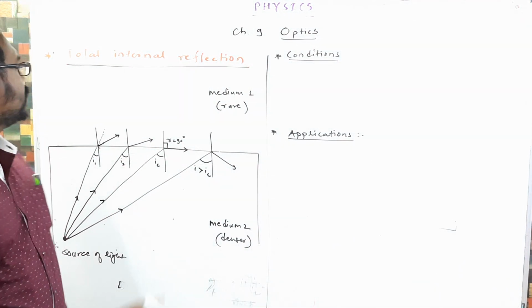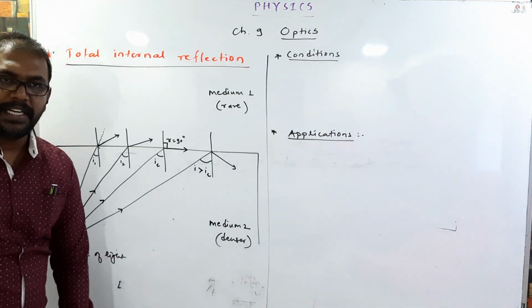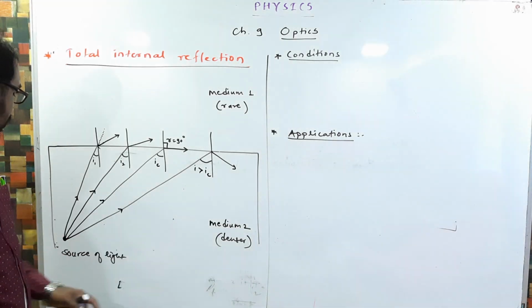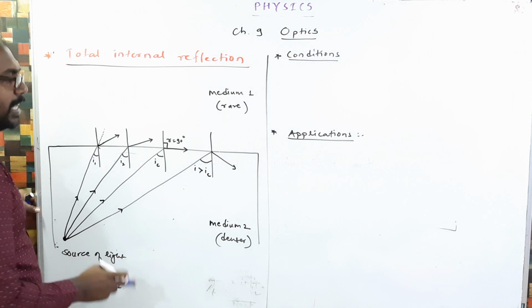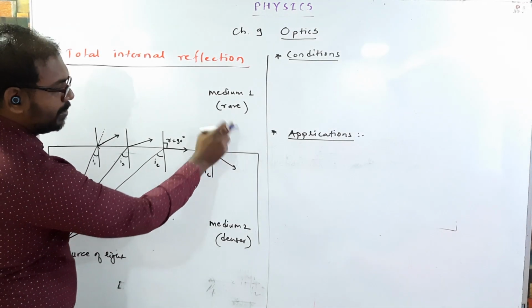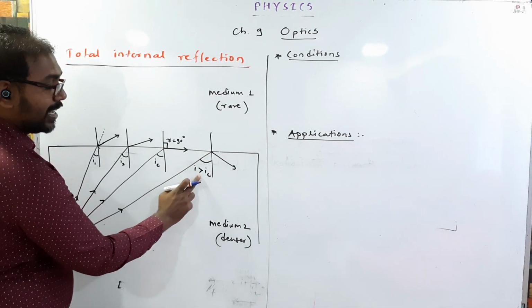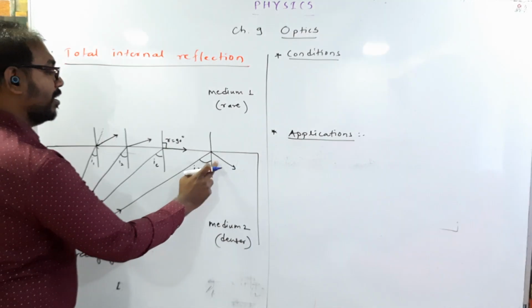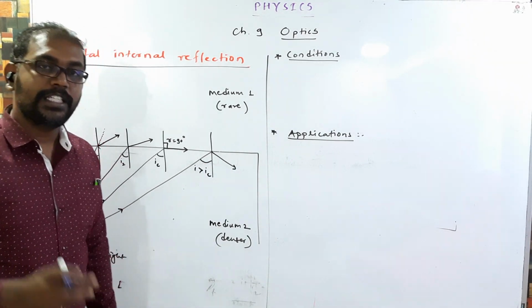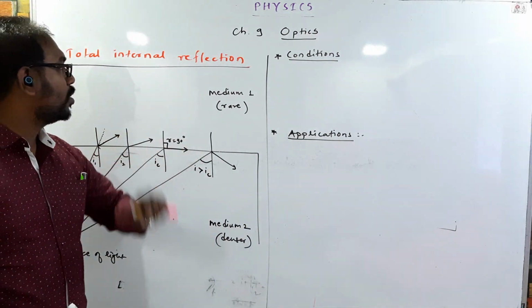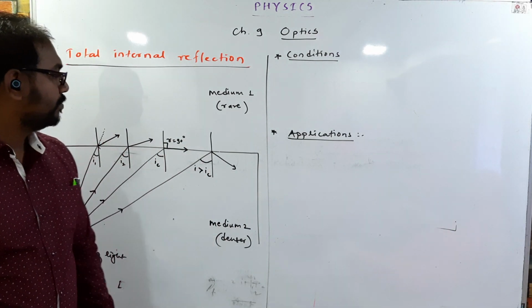I hope everyone understood what total internal reflection is. I repeat it again in a single simple sentence. When a light ray is traveling from a denser to a rare medium and is incident on the boundary of the rare medium with an angle greater than the critical angle, then the ray of light reflects internally in the same medium. This phenomenon of light is called total internal reflection.